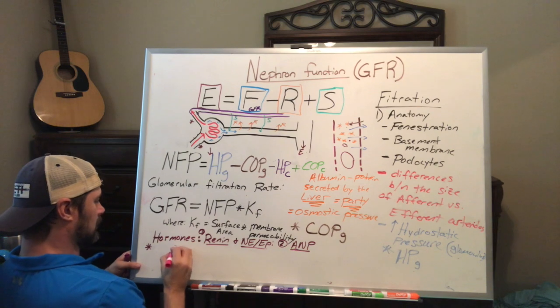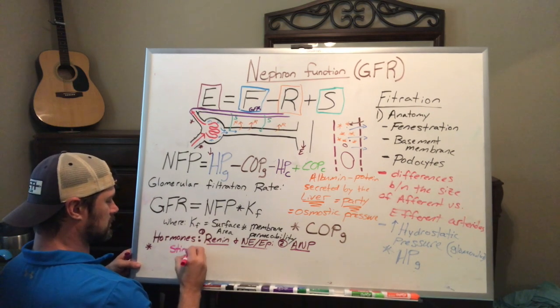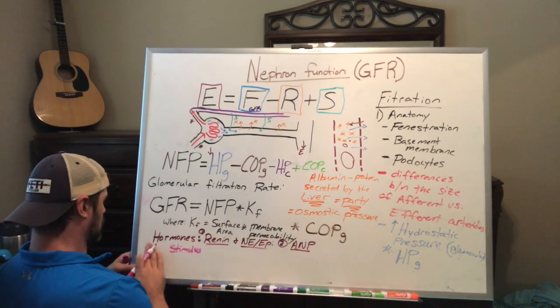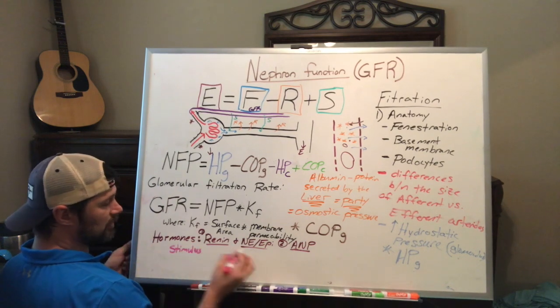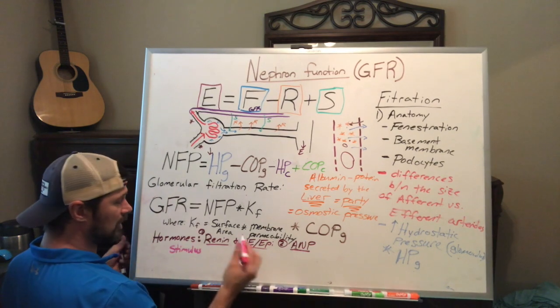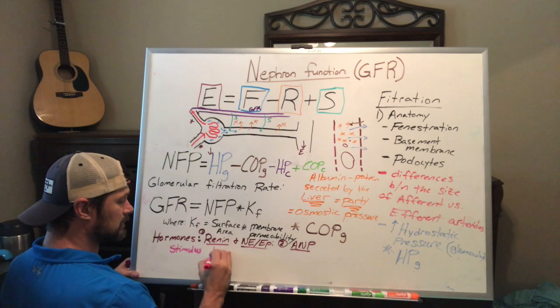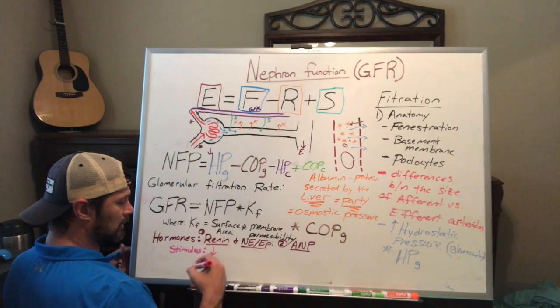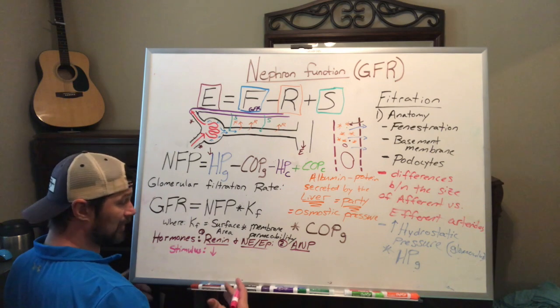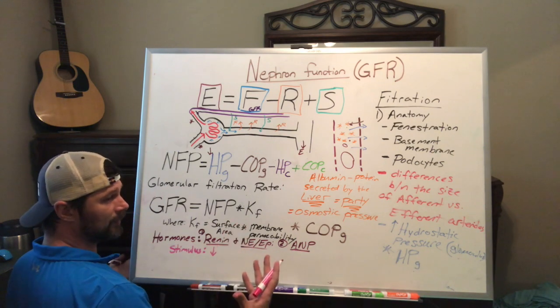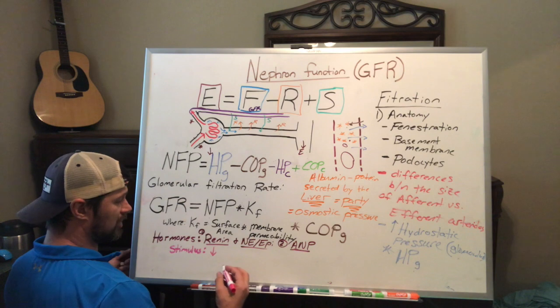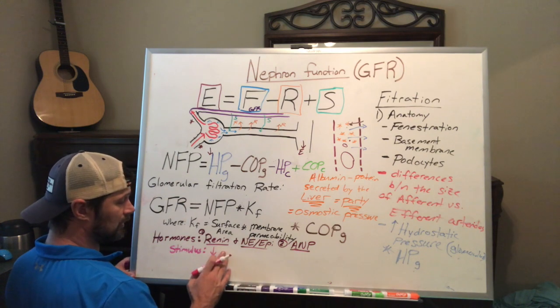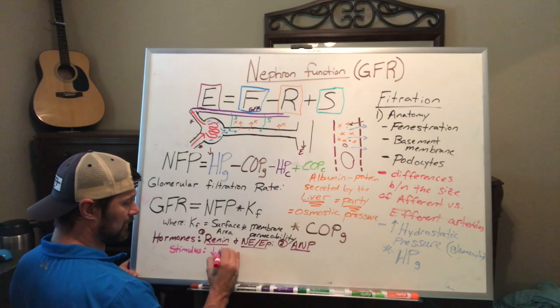Let's write down something here. Stimulus. The stimulus for the release of norepinephrine, epinephrine, renin is a decrease in whatever, right? If there is a situation where we want to bring blood pressure up and decrease GFR. So that could be a decrease in our mean arterial blood pressure.